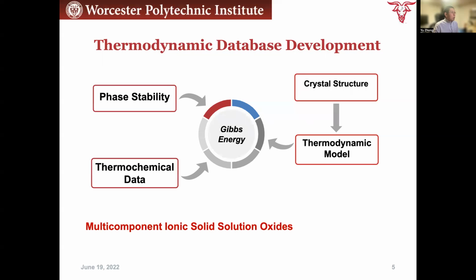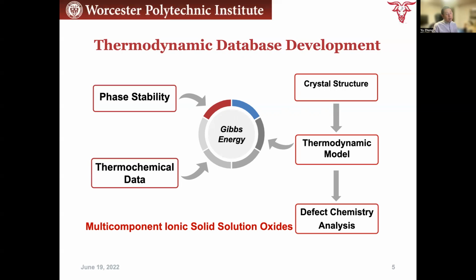So the first one is about the thermodynamic database development. This is what typically CALPHAD is doing. We have phase stability and thermochemical data from experiments, and then we mainly model the Gibbs energy, which comes from the thermodynamic model. And one very important thing we have found here is that with the solid oxide fuel cell database, we check the defect chemistry.